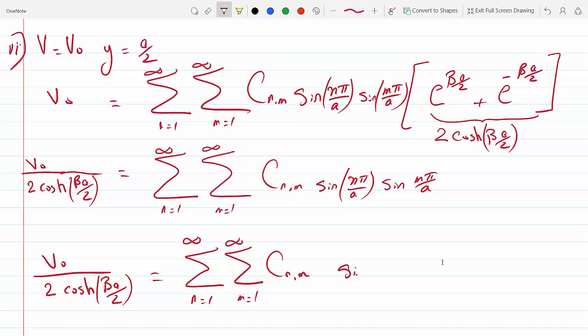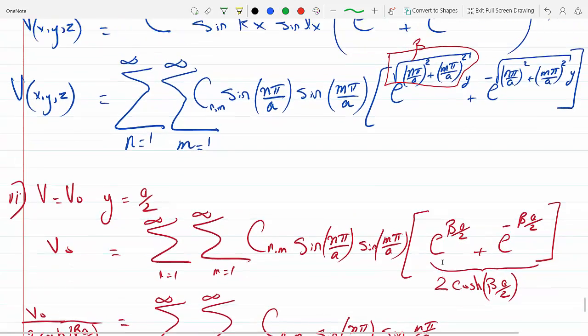And for the first sine, I can expand this in a Fourier series, and I'm gonna multiply it by sine m pi over a, and integrate this from 0 to a. Wait, where is my, oh, I forgot the x.